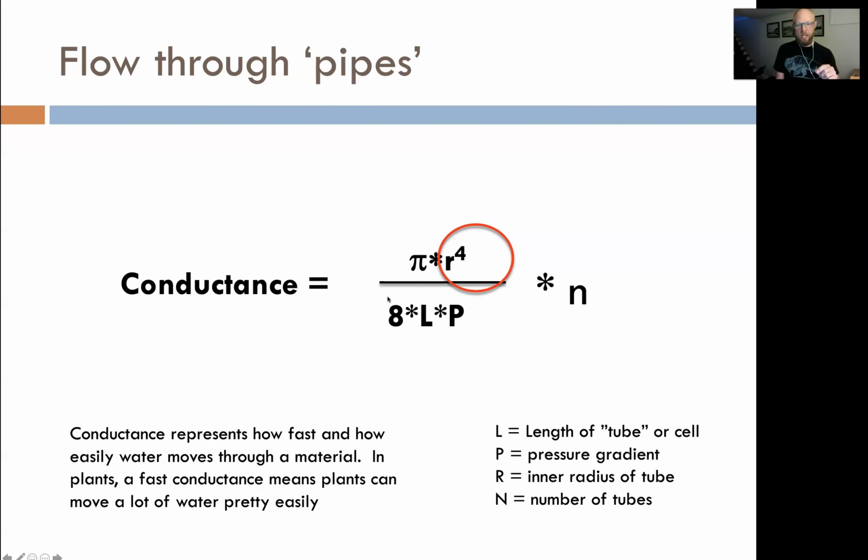Remembering that the conductance is strongly related to the radius of the cells that the water is moving through to the fourth power. So remember, a small increase in the size of those pipes has a big impact on water movement up to the leaves.